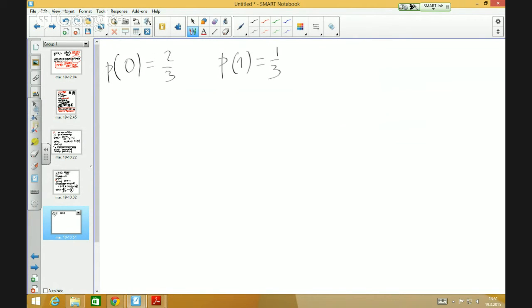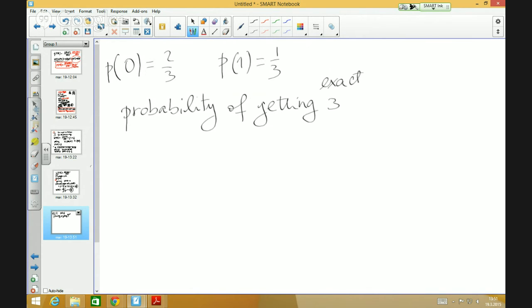And now I ask you, what is the probability of getting exactly 3 ones out of 5 bits? What is this probability?